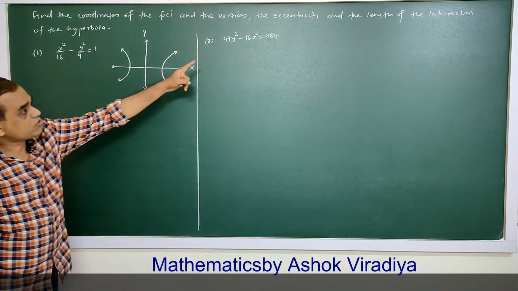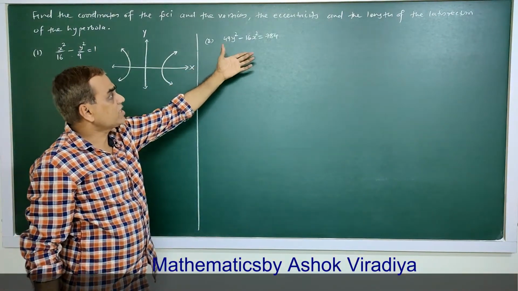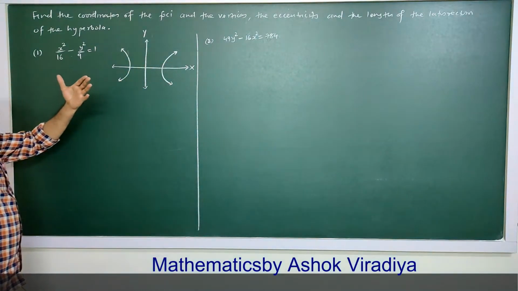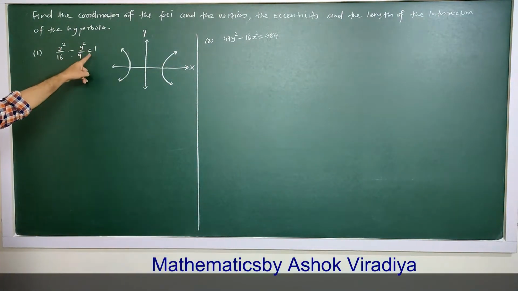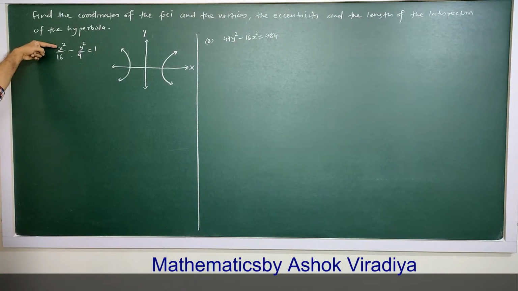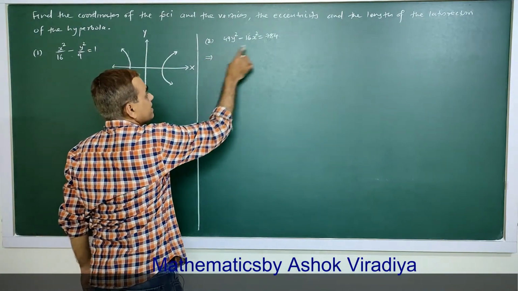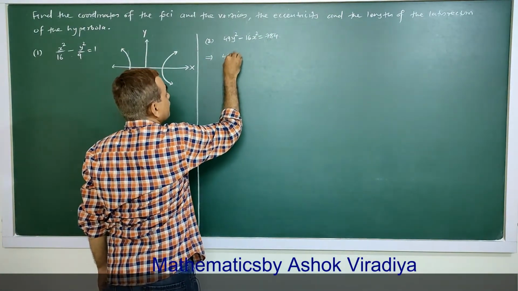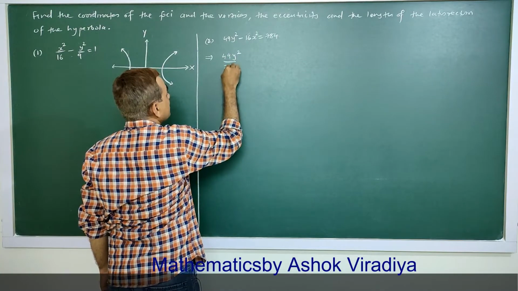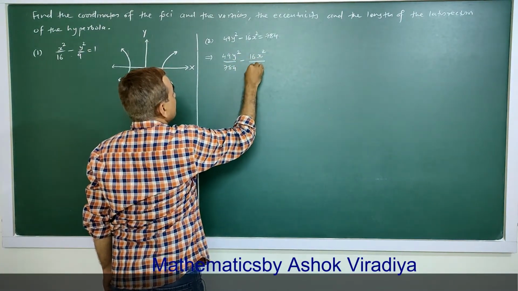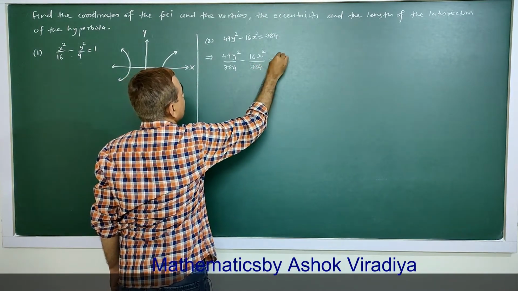See, look at this equation. This is not in standard form. For the equation to be in standard form, the right side must be 1 and the coefficients of x square and y square must be 1. So to convert this into standard form, here we divide by 784. So 49y square upon 784 minus 16x square upon 784 is 1.